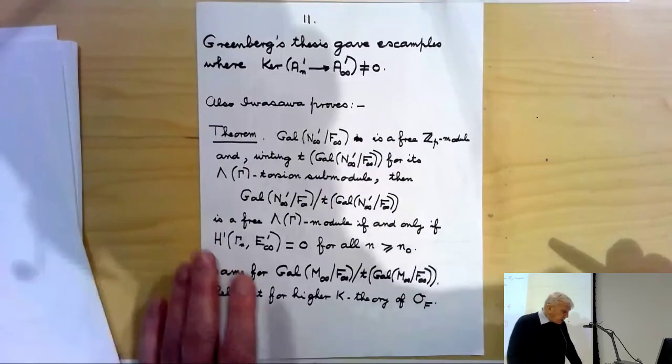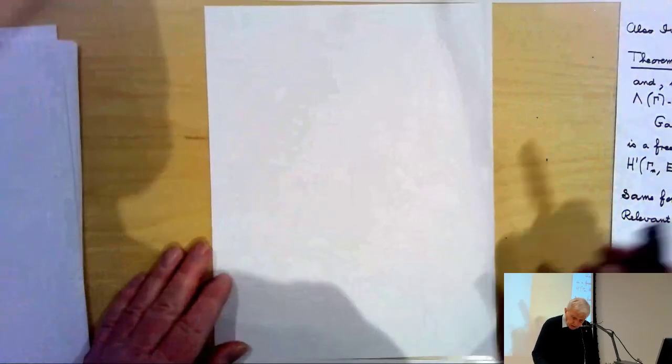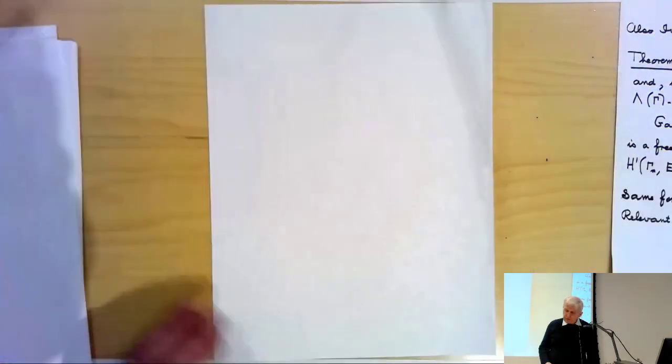Now, maybe I can take one minute to say something too. It turns out that in the analysis, Iwasawa's proof, one of his basic results that we will in fact prove in this theorem A, there's another purely algebraic construction involving Lambda-Gamma modules, which is important.